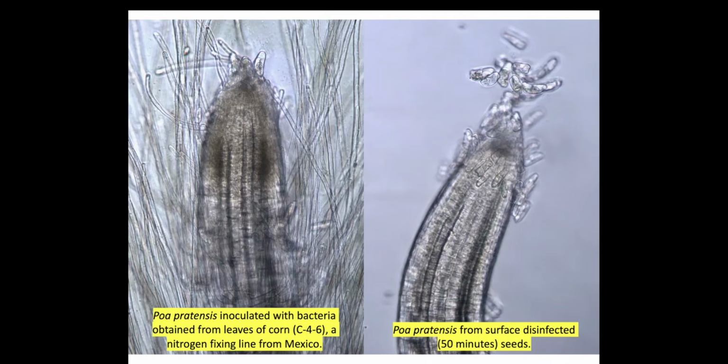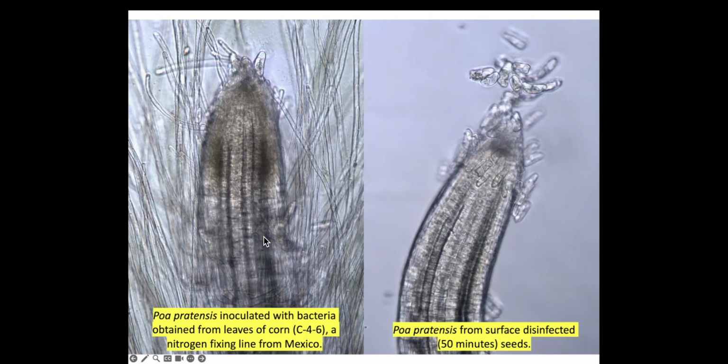And if you look to the right, you see a root tip. Again, it's a grass, Poa pratensis, so it's Kentucky bluegrass. You can see the tip right around here, and you can see the root cap cells falling off. That's how they work. But what you notice is there's no blue there. There's no biofilm there. Also notice there's no hairs or anything there.